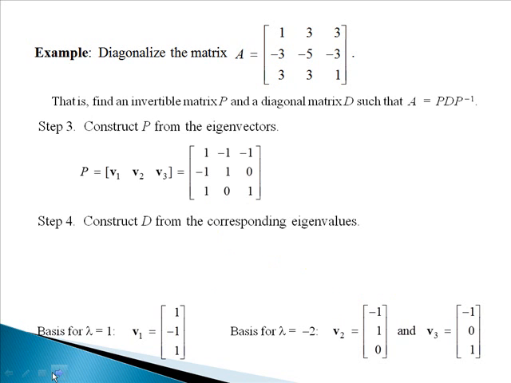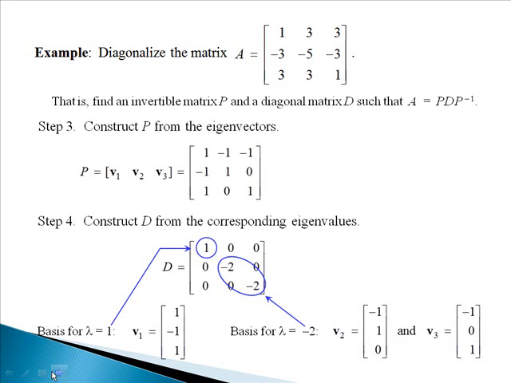Step 4 is to construct D from the corresponding eigenvalues. So we're looking at our lambda, and remember they need to be in the same order, so you'll notice that lambda equal 1 goes in our first pivot position on the diagonal. Lambda equal -2 then goes in the second and third positions on the diagonal.